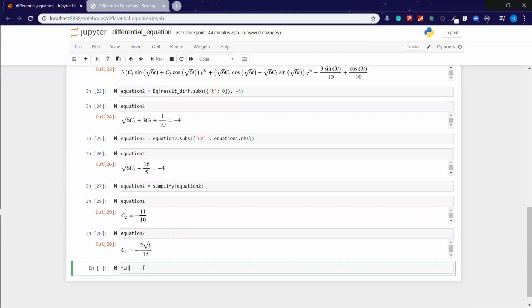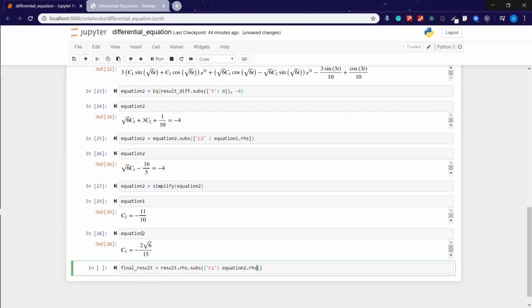And you can store that in a variable called final results. Final results is just results, that's right-hand side dot substitute. We pass in our dictionary. Value for C1 is just equation 2, that's right-hand side.